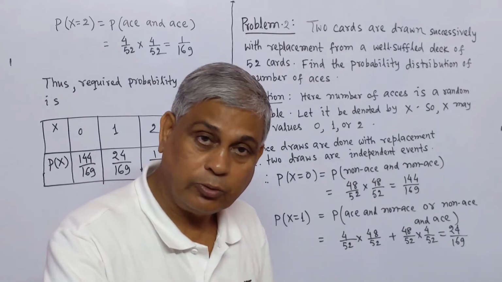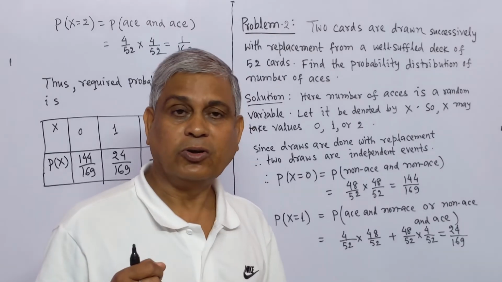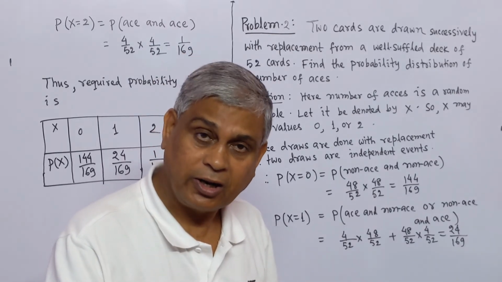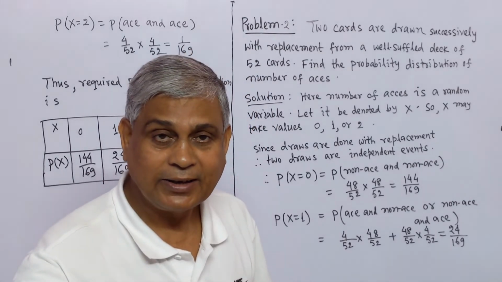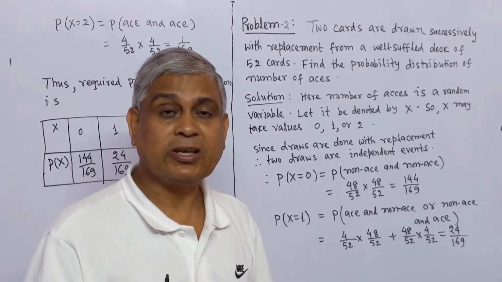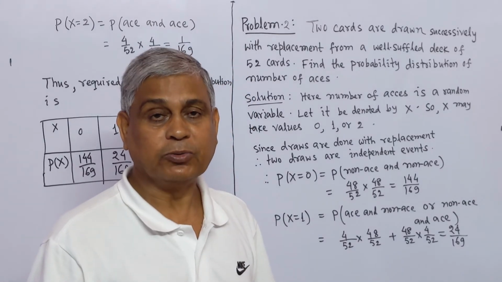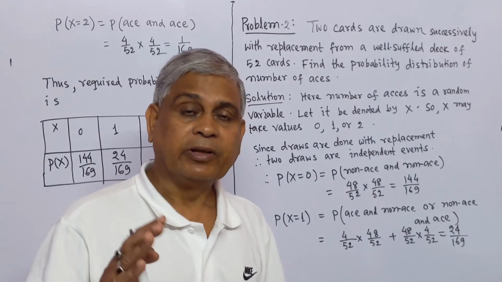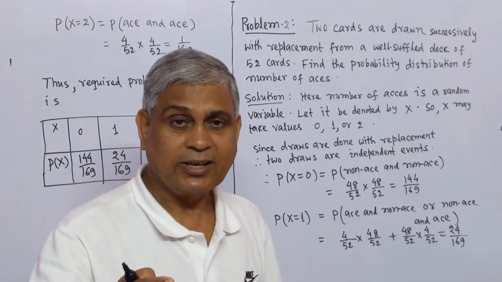If we draw no S in the first draw, no S means the number of S's is 4 and the number of non-S's is 48. So the probability for non-S is 48 by the total number of cards 52 in the first draw. Again, we get the same number of cards in the deck.